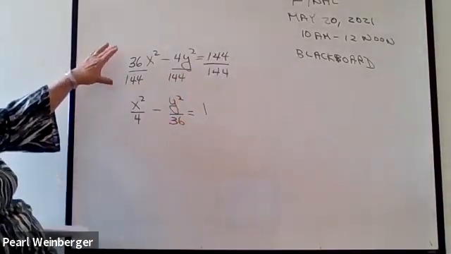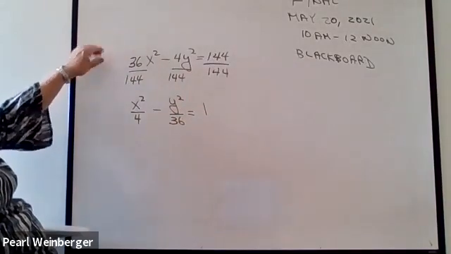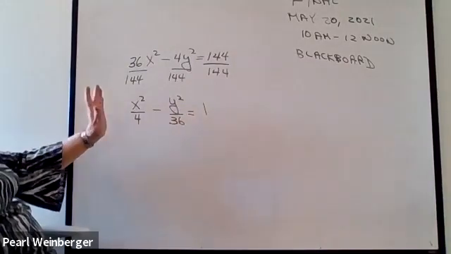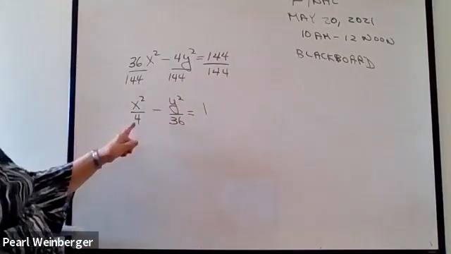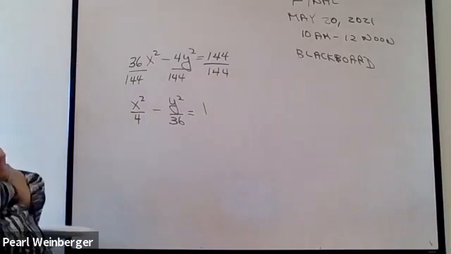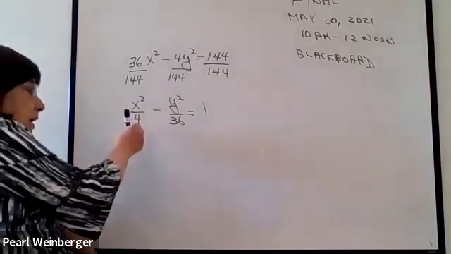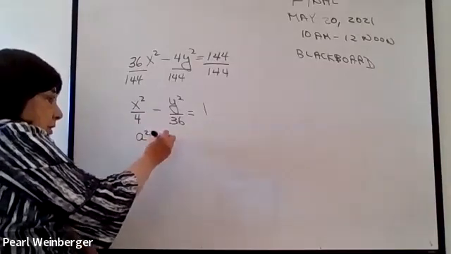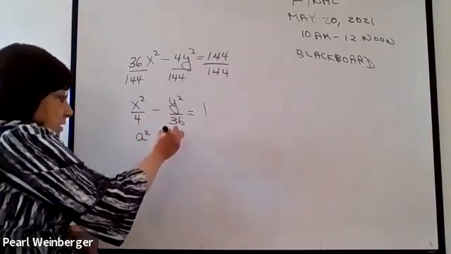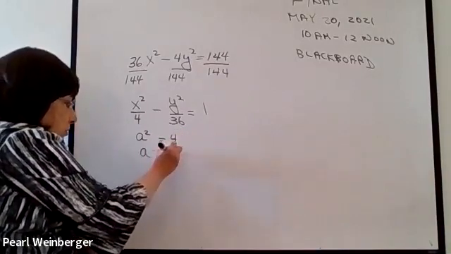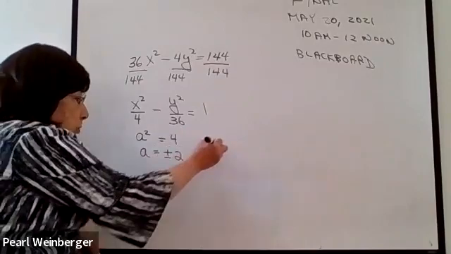So I have to transform it from this format into what we call the standard format. In this case, the x squared is the positive one, which means that we're going to have x-intercepts and not y-intercepts. The number underneath the x squared is what we call the a squared. That's equal to 4. So a squared is 4. So again, the a is either plus or minus 2.